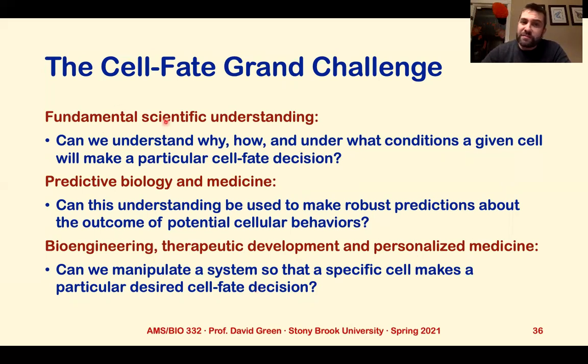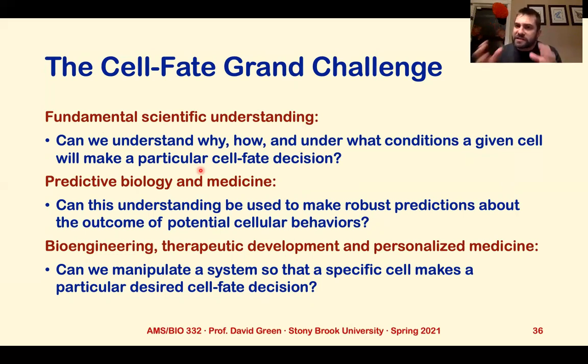There are questions of fundamental scientific understanding, really the what, why, how of the problem. Under what conditions will a given cell make a particular cell fate decision? Why does that happen? What drives that process?